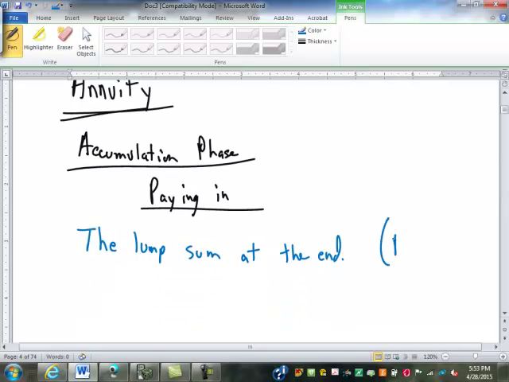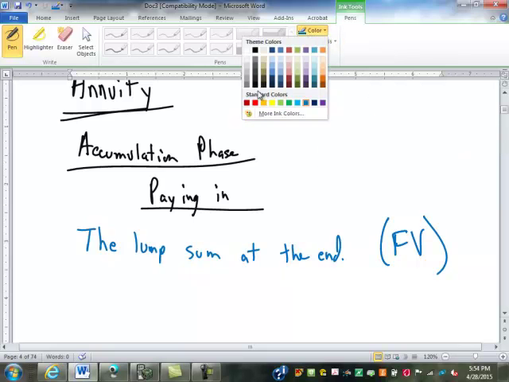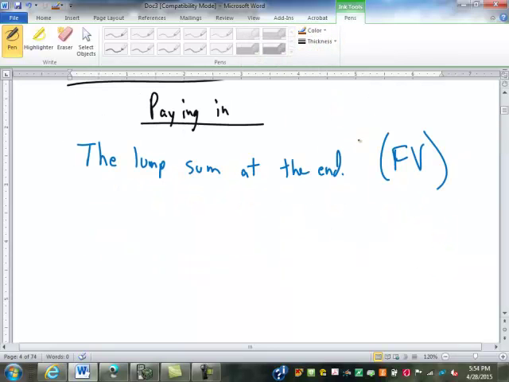One of the key words here is you should see the term future value. Future value of the annuity. What do you need for payments if the future value needs to be a certain amount? We're looking to find the future value, or finding that lump sum at the end for a given payment.